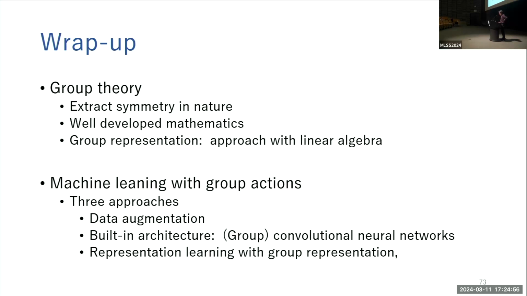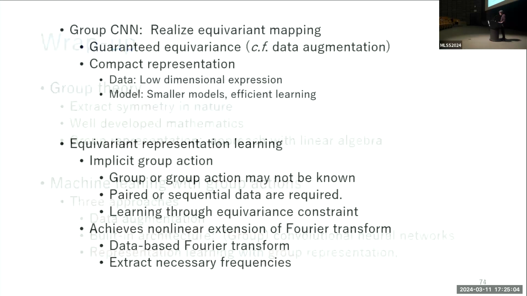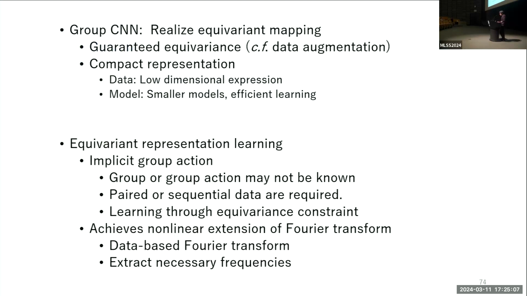And in the last part, I talked about more recent work on representation learning with group representation. So the group CNN realizes group invariance for a general class of groups, and satisfies the equivariance relation in the group convolution layer. And it aims at a very compact representation. Data can be expressed in low dimensions, and the training should also be efficient with a low-dimensional parameter representation.